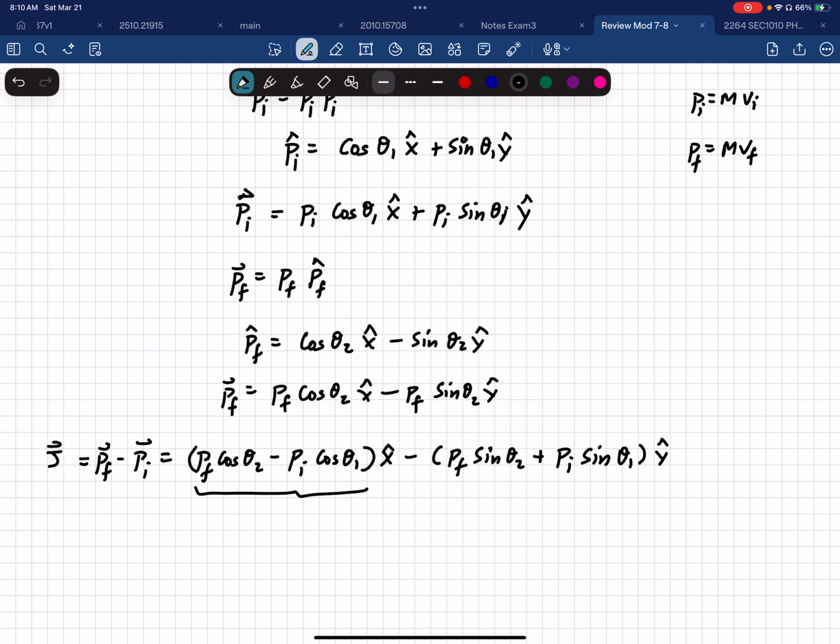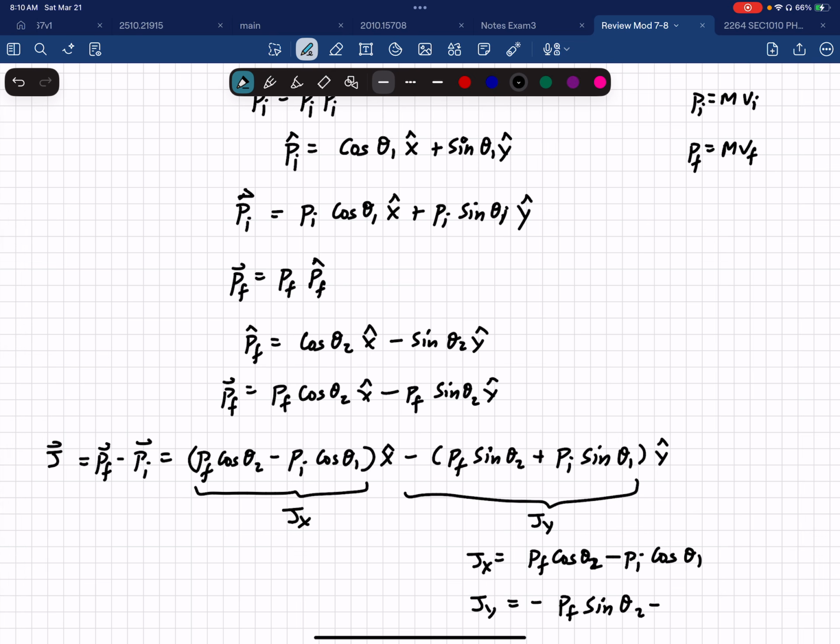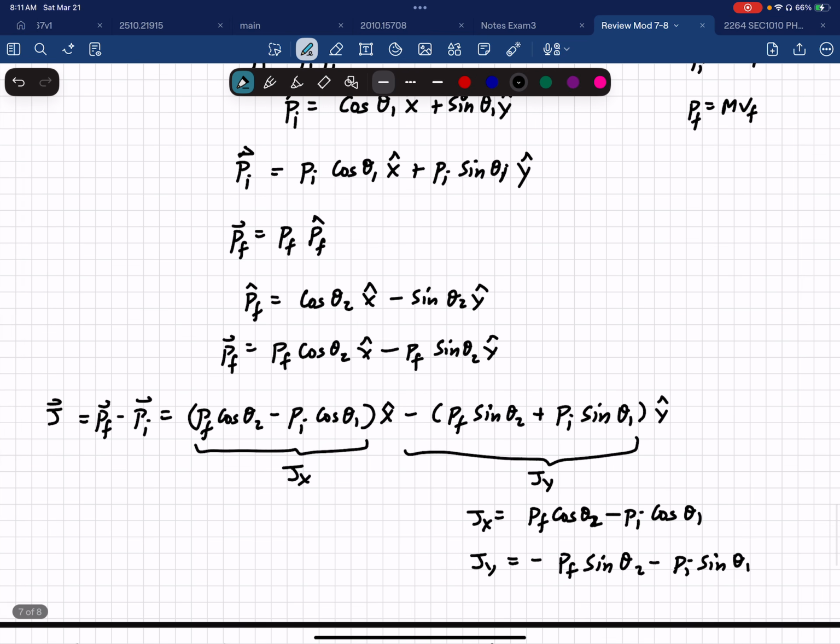We know this is the x component of J, and this is the y component of J. Then you just take the magnitude.